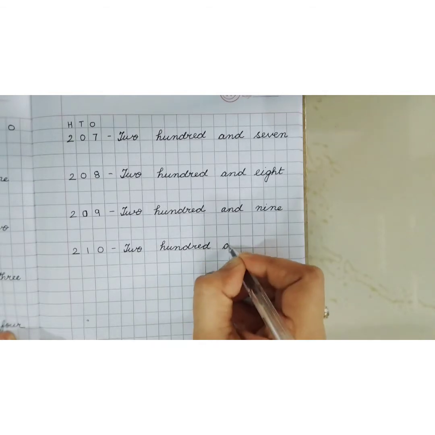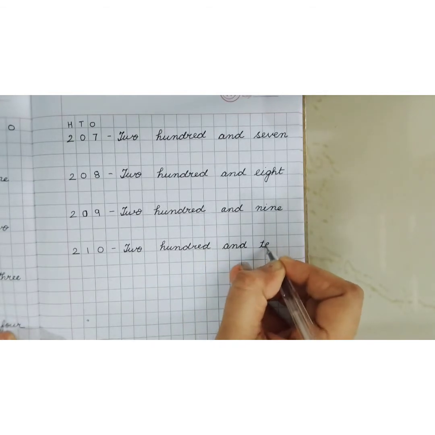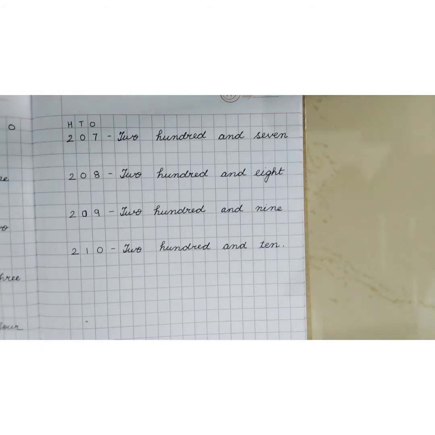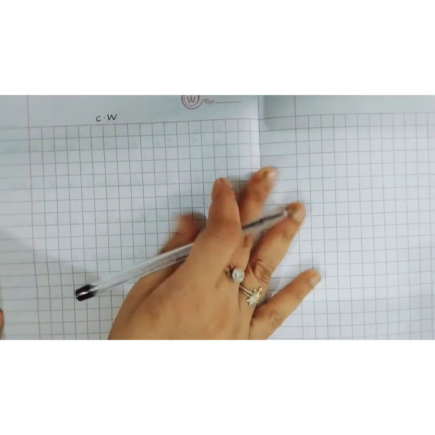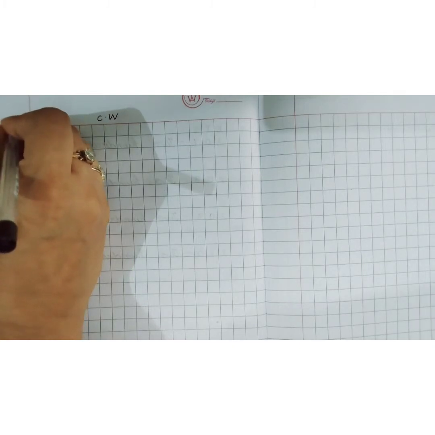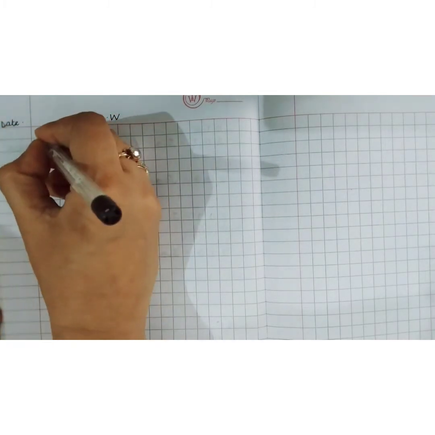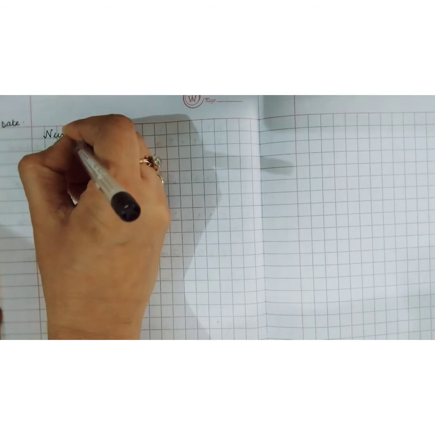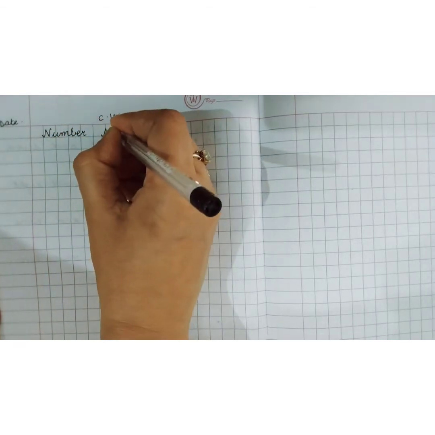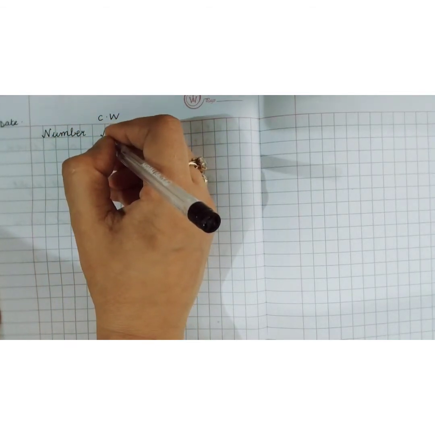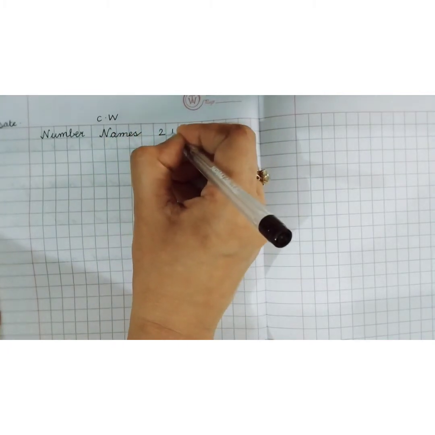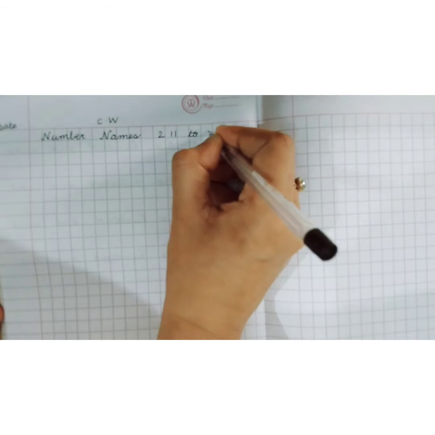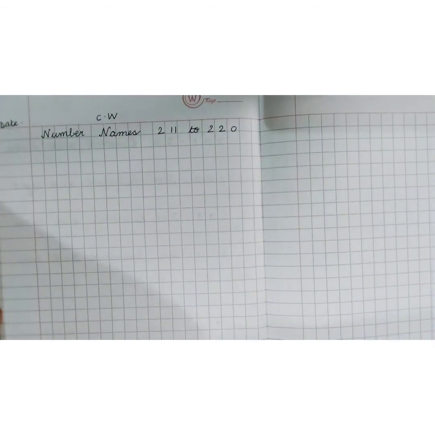Now after 210 we will not write further and we will move to the next page. So here again we will put CW and date, and we will also put the heading number names 211 to 220. So now we will write number names 211 to 220 in one go. Alright. So the procedure will be same every time.